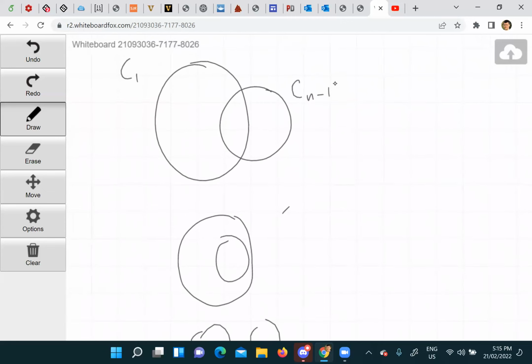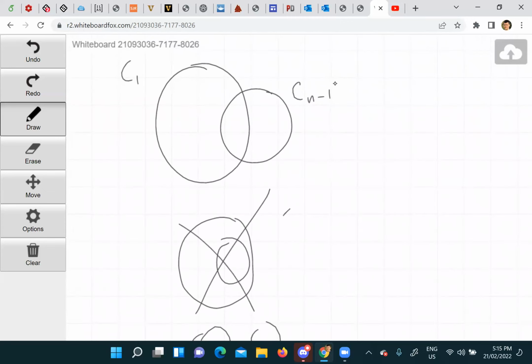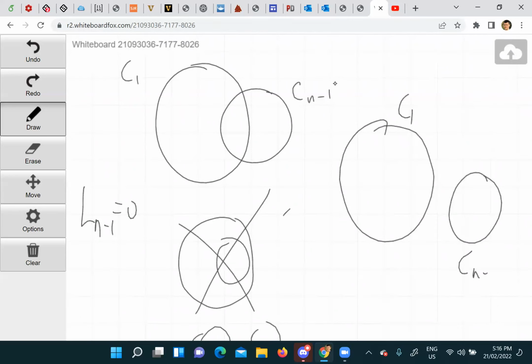Anyway, so this is not the case when Ln equals 0. Or it could be like this, C1, and it's outside here. Okay, so here's the crazy thing.